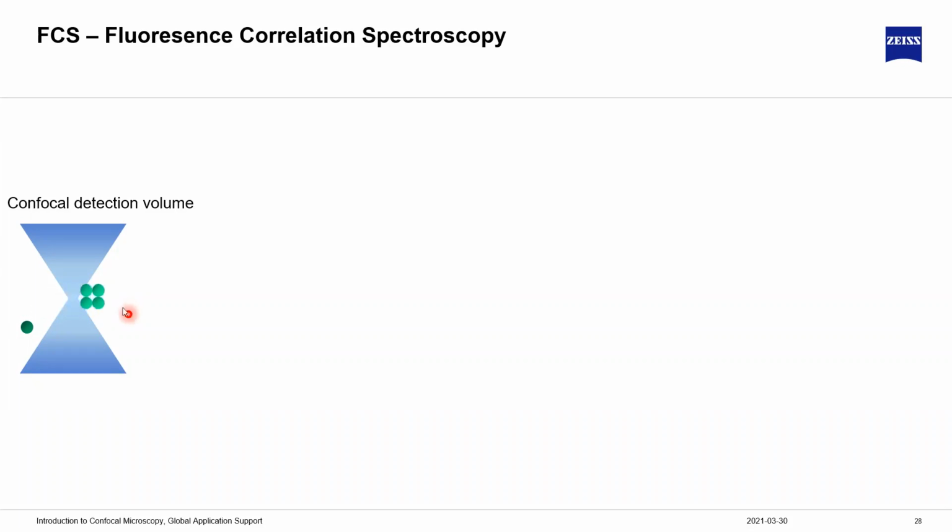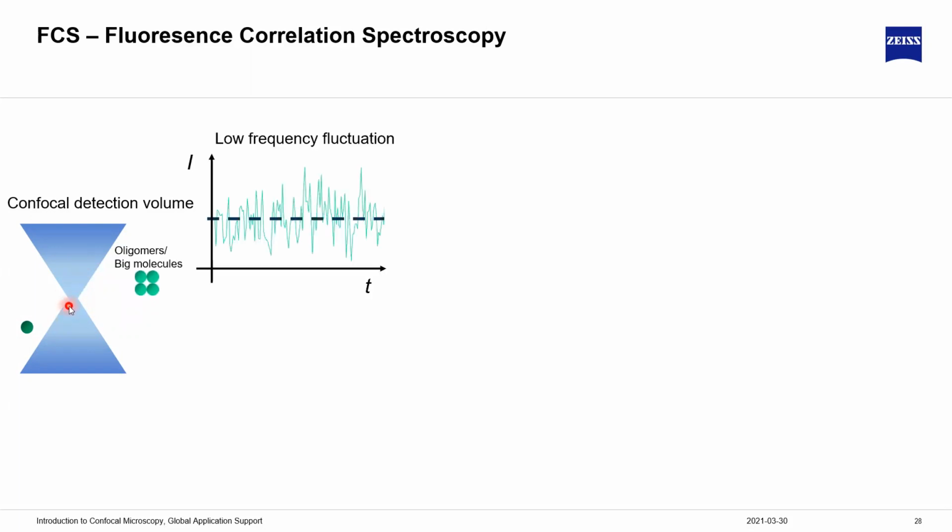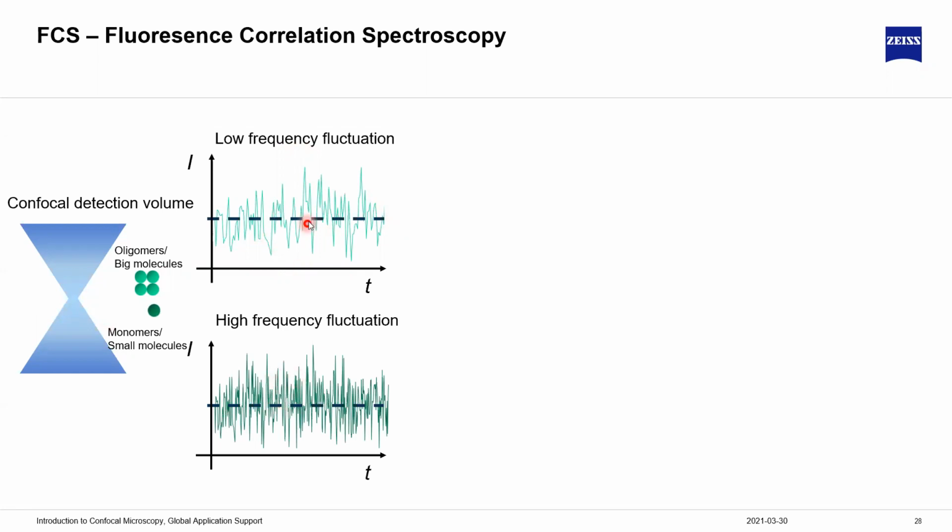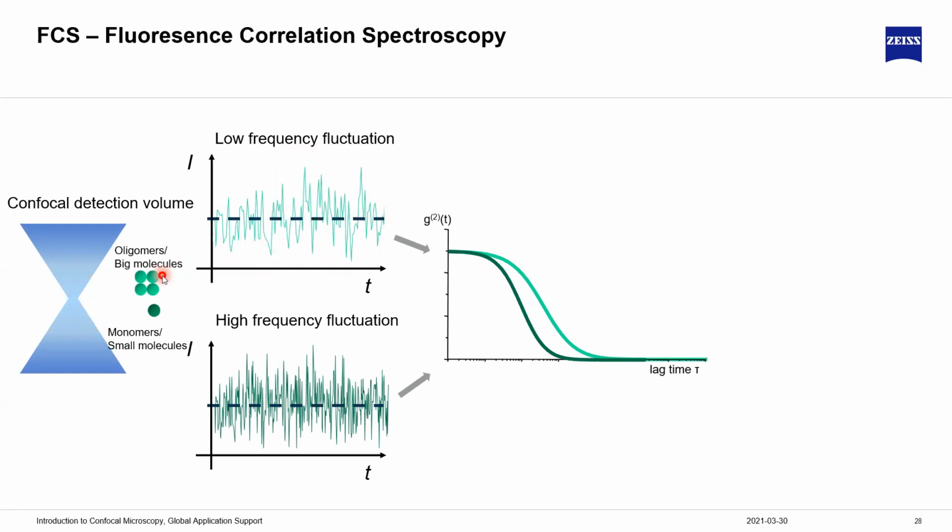In FCS, it's a spot technique where you park your laser at one spot in your cell or in your solution, and then if big molecules or some oligomers are passing through this observation volume, they will create a sort of time trace. If you now have a very small molecule, it will also create a time trace that is different compared to the big molecules. And by doing some correlation of these time traces, you will get typical FCS curves.